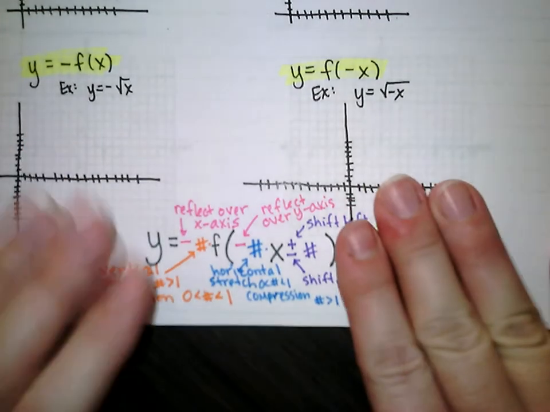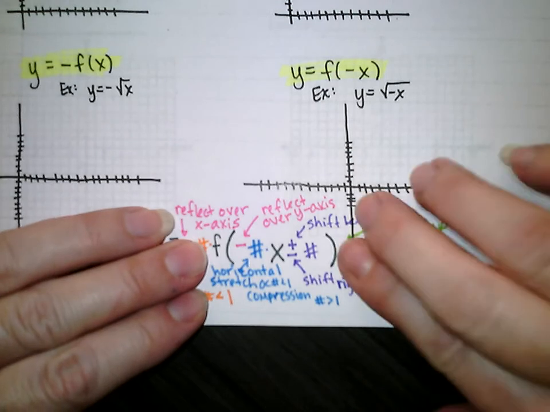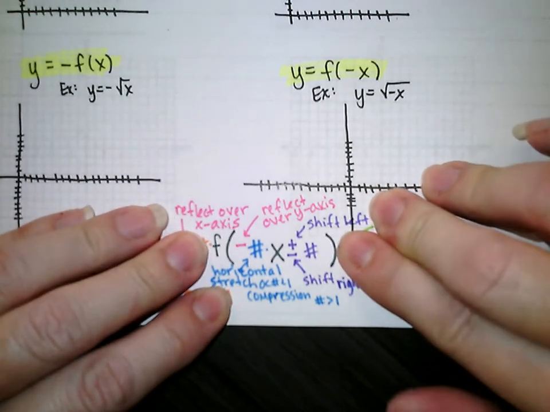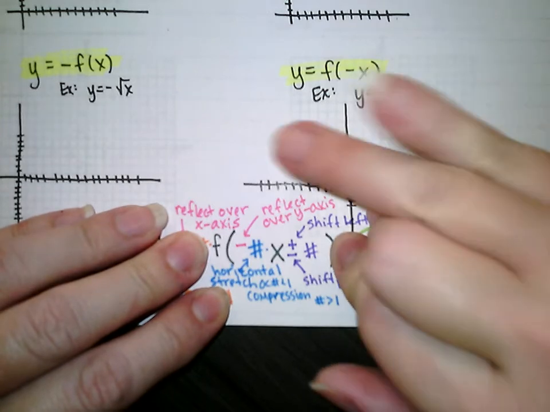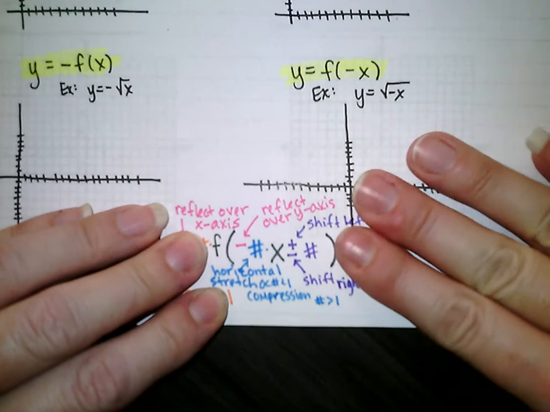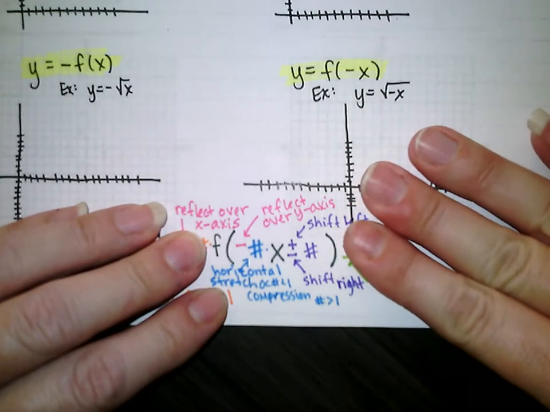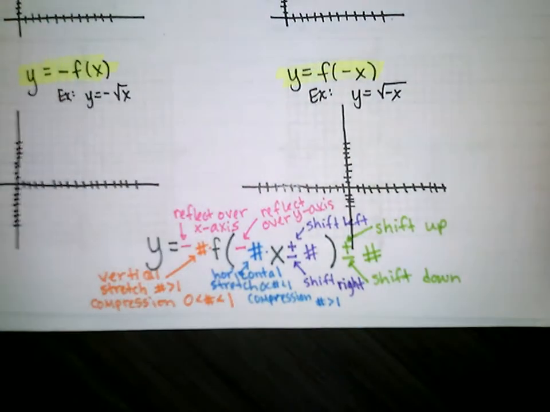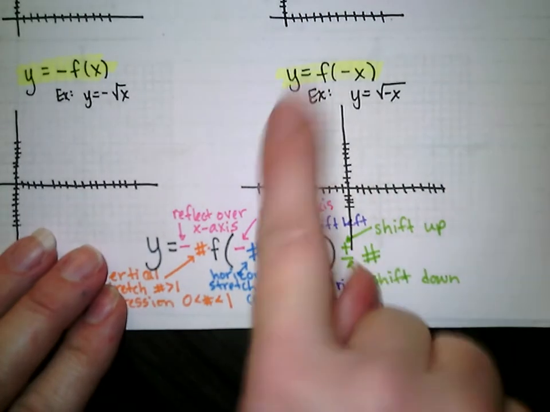So anything inside that parent function is going to be a change going this way, left and right. So it either shifts left, shifts right, or it stretches horizontally or compresses horizontally, or it reflects over the y-axis.